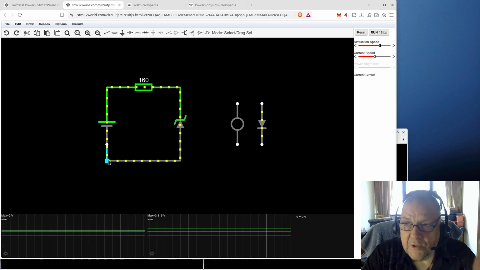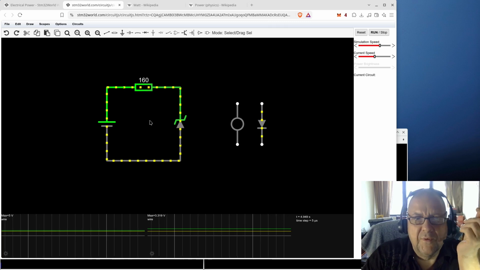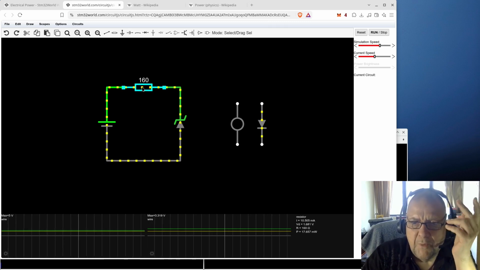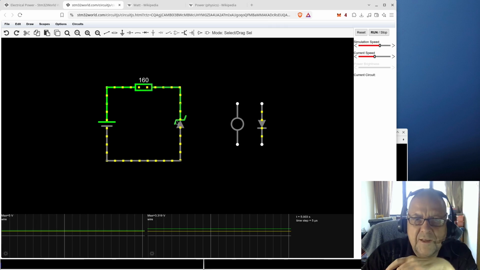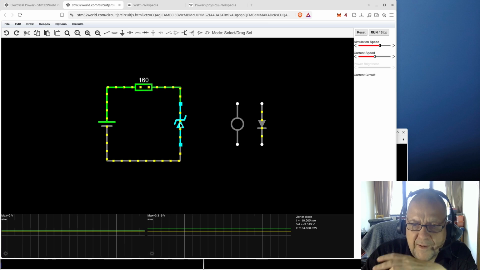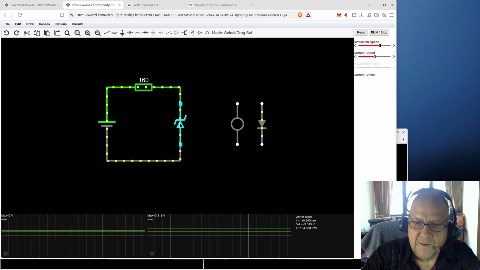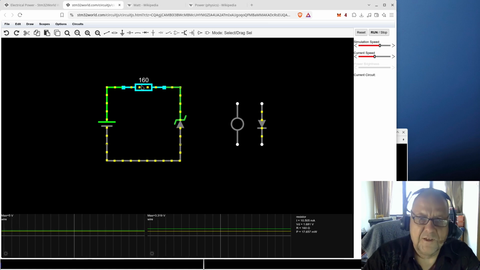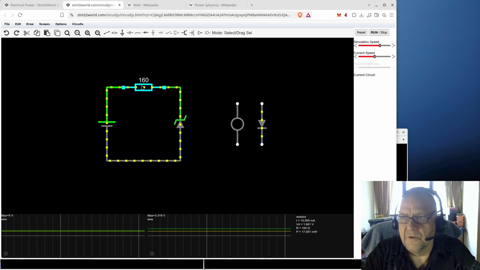So it must go somewhere, and it's all turned into heat. So this one will dissipate 17.6 milliwatts, and this one will dissipate 34.8 milliwatts. And for the total circuit, you add those two values and you have the total dissipation in the circuit.